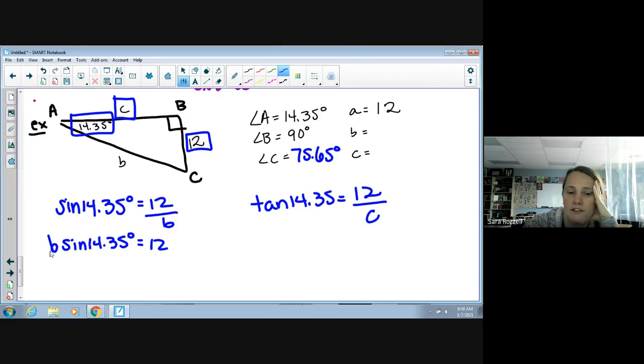Is the B by itself yet? No, we need to divide by the sine to get it by itself. So 12 over sine 14.35. And the same process over here. Multiply by the C and then divide by the tangent to get the C by itself.